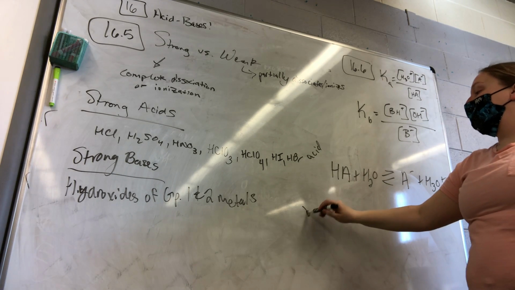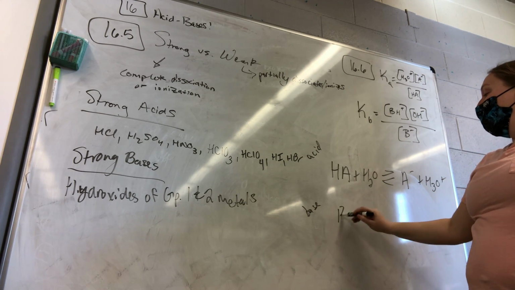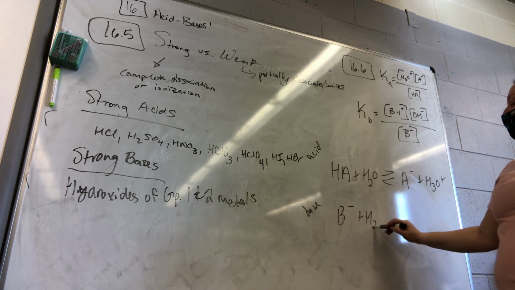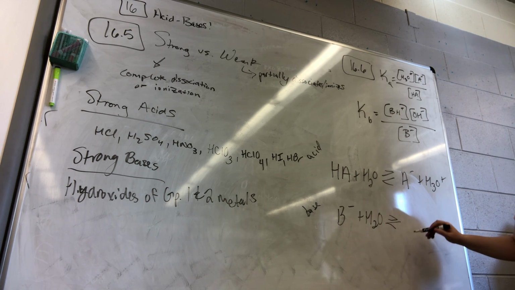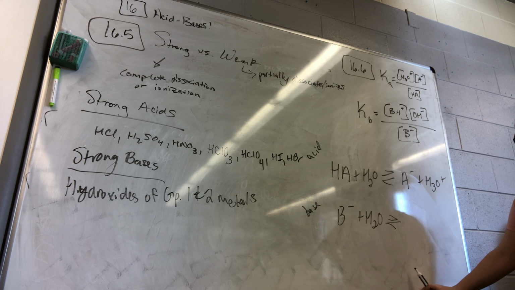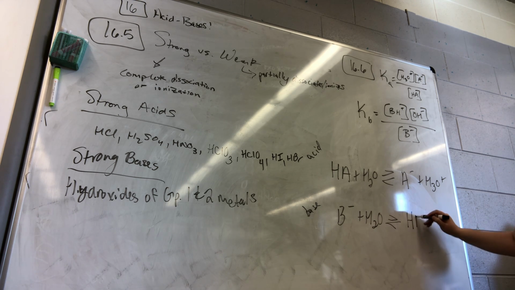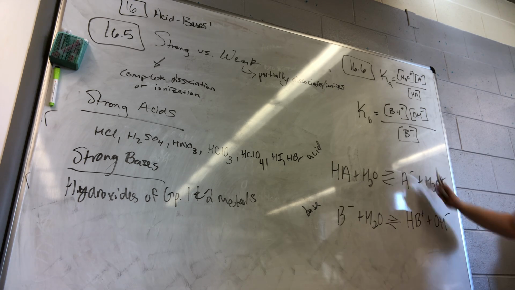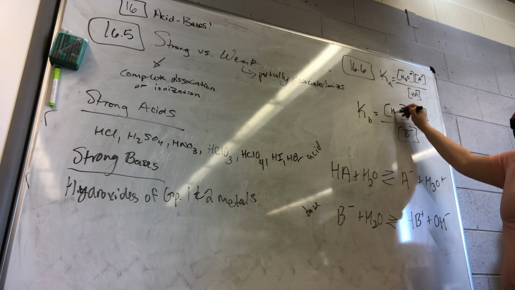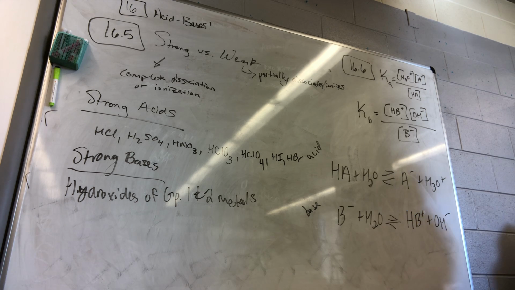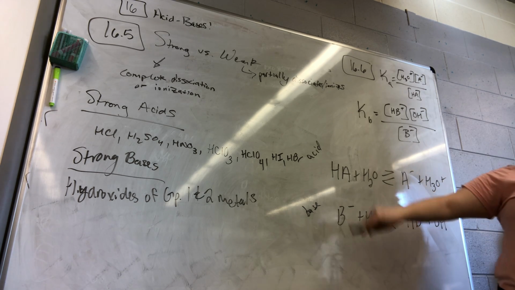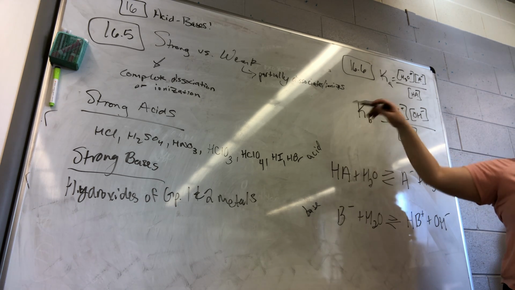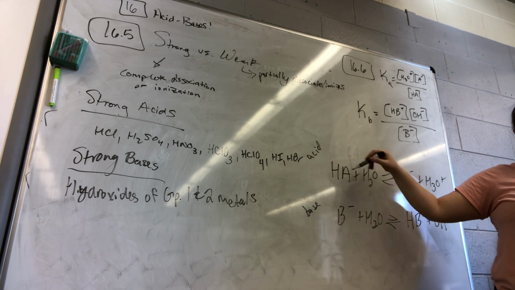And then the general dissociation of a base was to take the base, add it to water. Sorry, I always like to write my H's first. So general base dissociation, general acid dissociation, strong, okay?